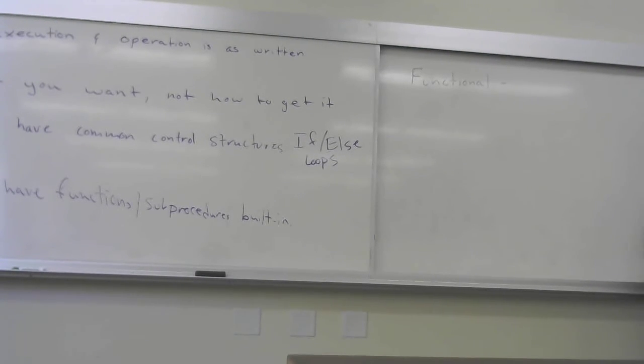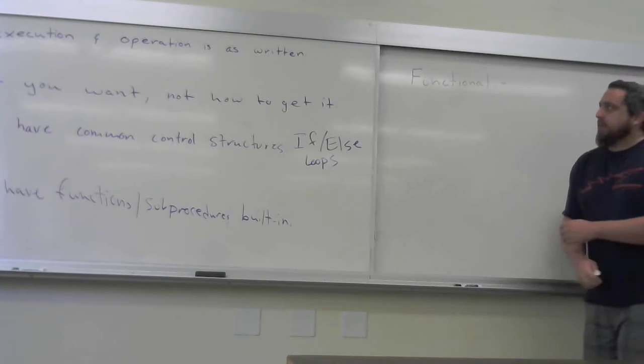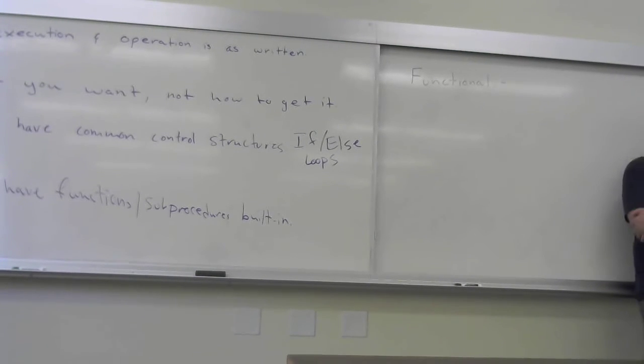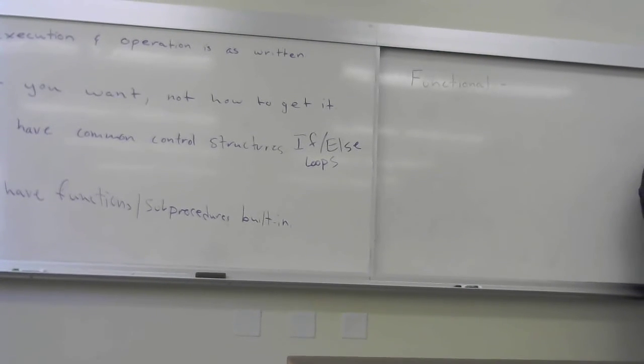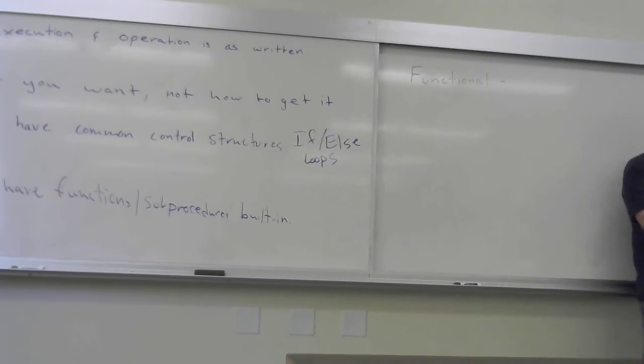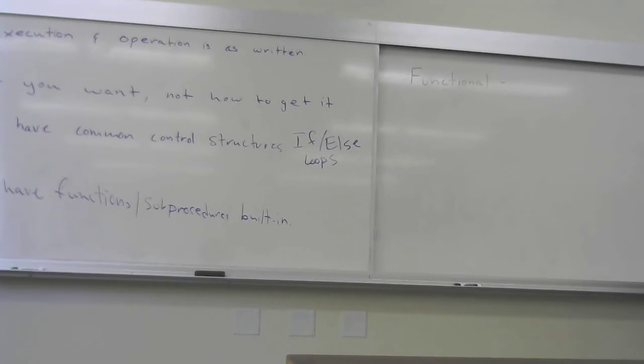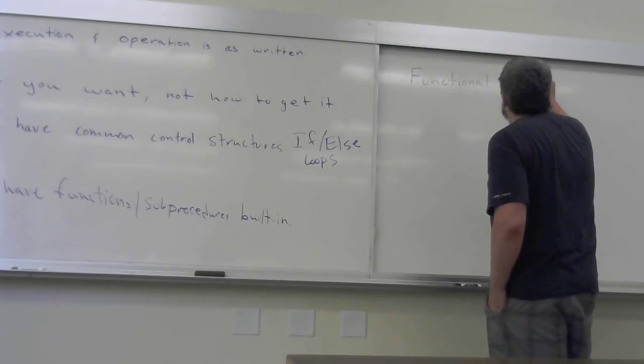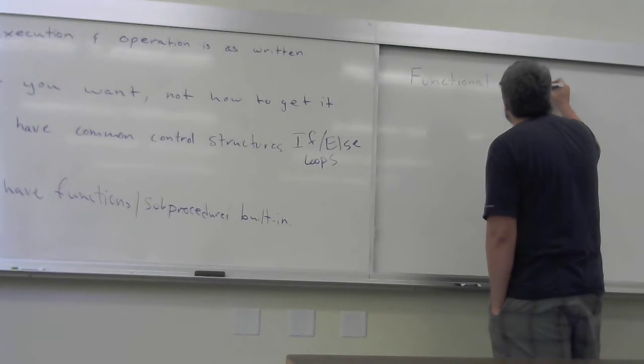I've been yelled at before for saying the thing I want to say, and people are right. But functional languages do not have variables as you are used to. So if you're used to thinking about what a variable is in programming, computer science so far, functional languages do not have them in that way. And so what we're going to say is functional languages do not have mutable memory addresses.